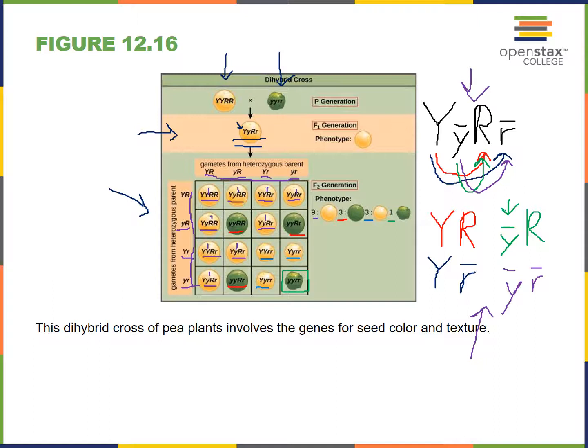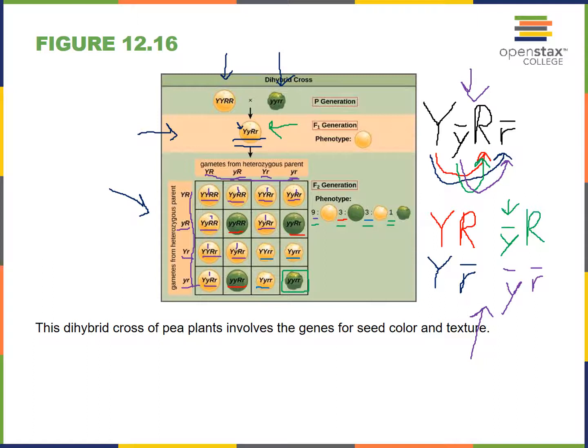So when you're doing a two gene cross with dihybrids, so they're heterozygotes for both genes, this is the phenotypic ratio you'll get: 9, 3, 3, 1.